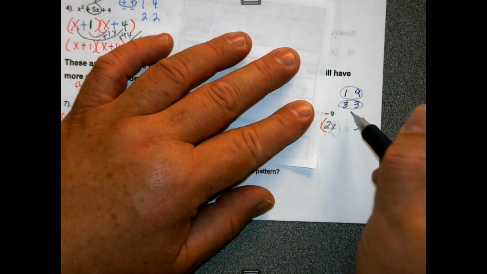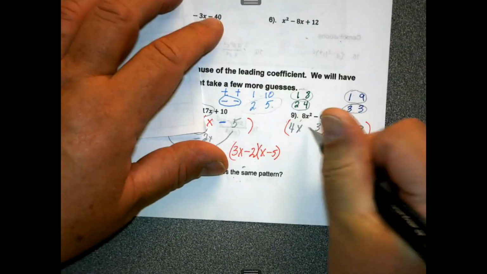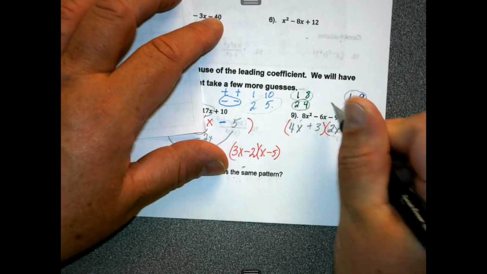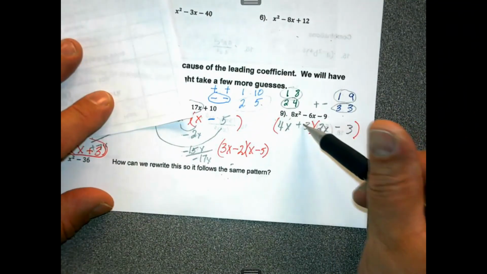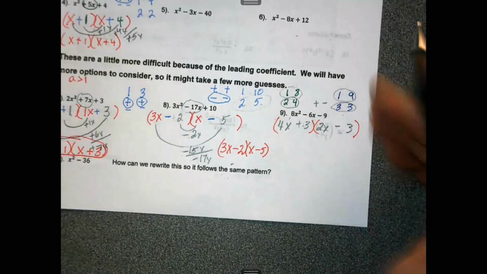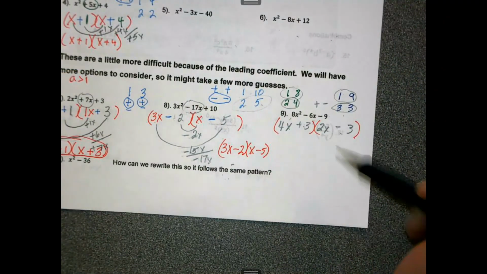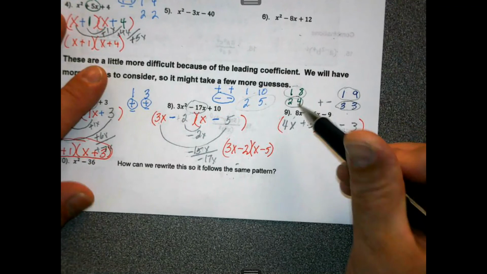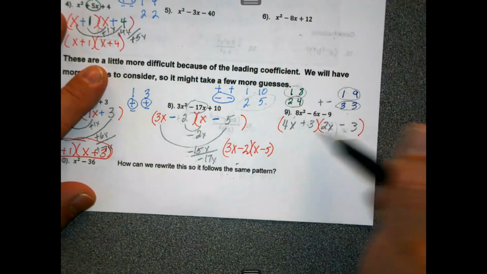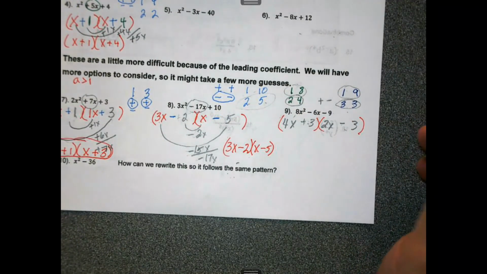So one has to be positive and one has to be negative. Now, it might be the other way around too. This might be the negative, this might be the positive. So not only do we have all these choices for the factors of 8 and 9, we have to try the signs. So this is actually a tough problem.